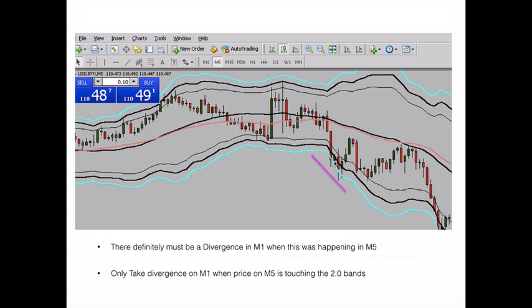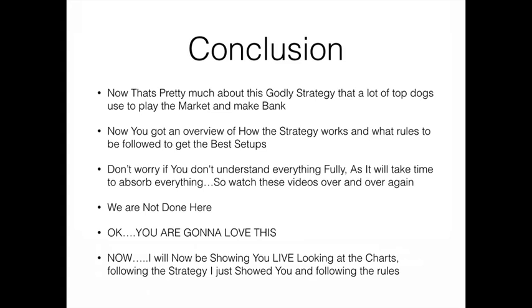M5 came down, so even in M1 it must have come down, went back up, and come down below, and made a divergence. So make sure the candle is touching 2.05 or 2 or 3.0 on M5 while you are trading M1. That is one rule you need to pay close attention to.